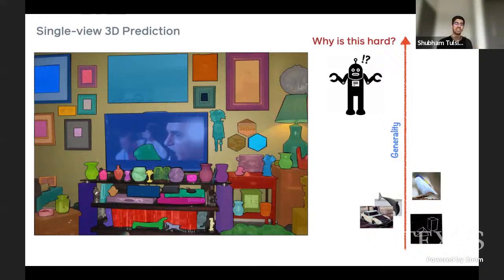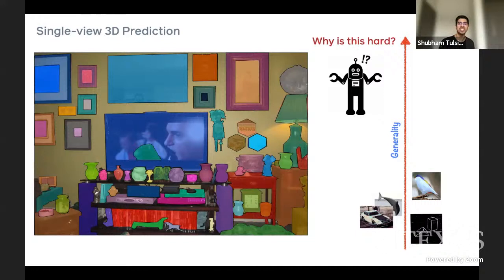This particular image is actually an annotated ground truth and not a prediction, but the prediction systems that use this dataset are not very far off from being able to produce detections of similar quality. And so while we have made huge strides in having more general recognition systems, I'd argue that we have not made similar strides in having similarly general 3D reconstruction systems.